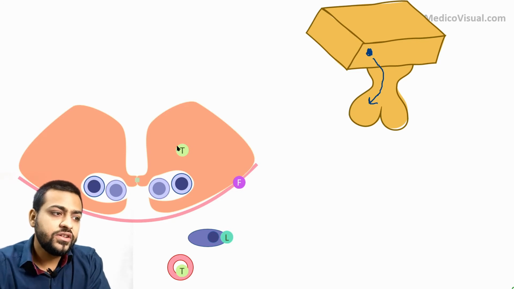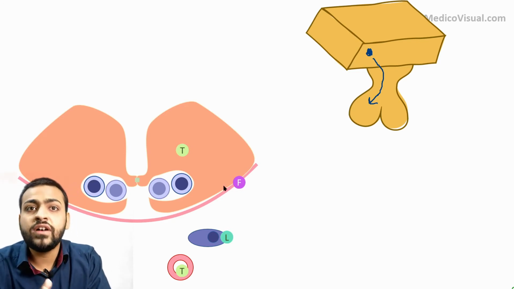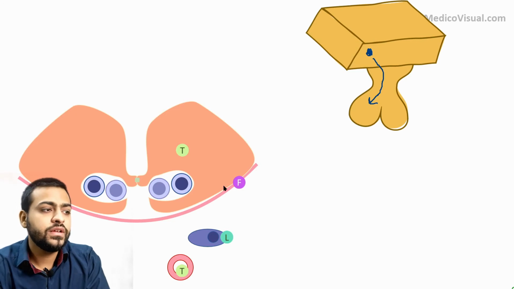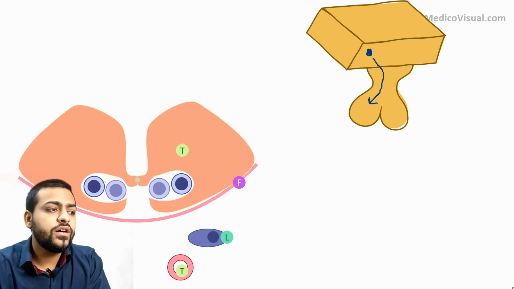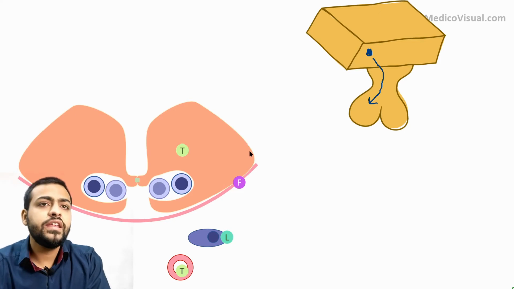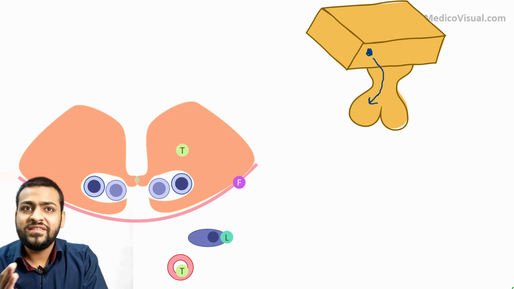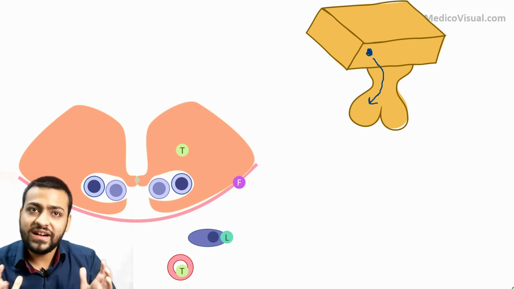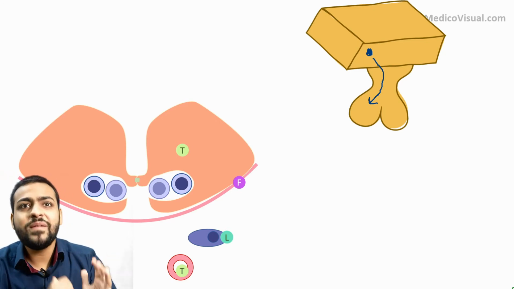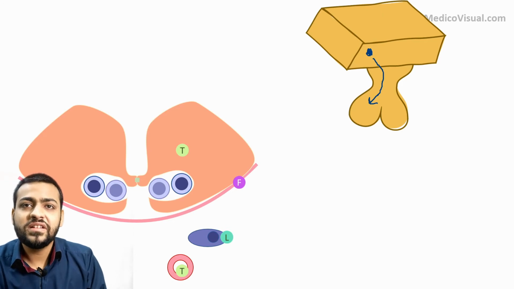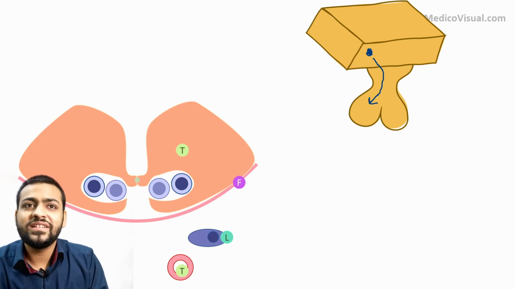And now testosterone as well as follicle stimulating hormone, they will stimulate Sertoli cell, and they will tell the Sertoli cell that it is time, puberty has started. Now it is the time to start synthesis of sperms, right?